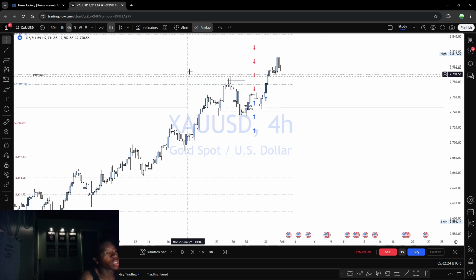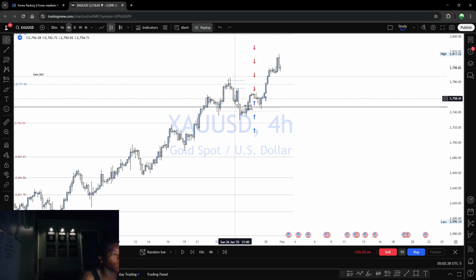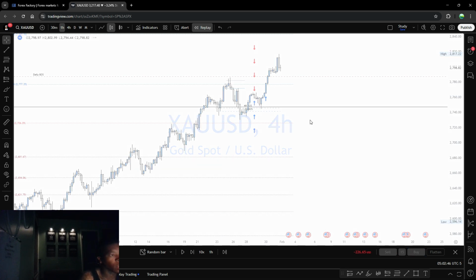You have the correction here with this fill, and you really have to look at it from a major point of view. If we looked at it from a major point of view, we would have seen that this could have potentially been a retest for the continuation. Okay, we're going to learn from it. We're going to make the adjustments.